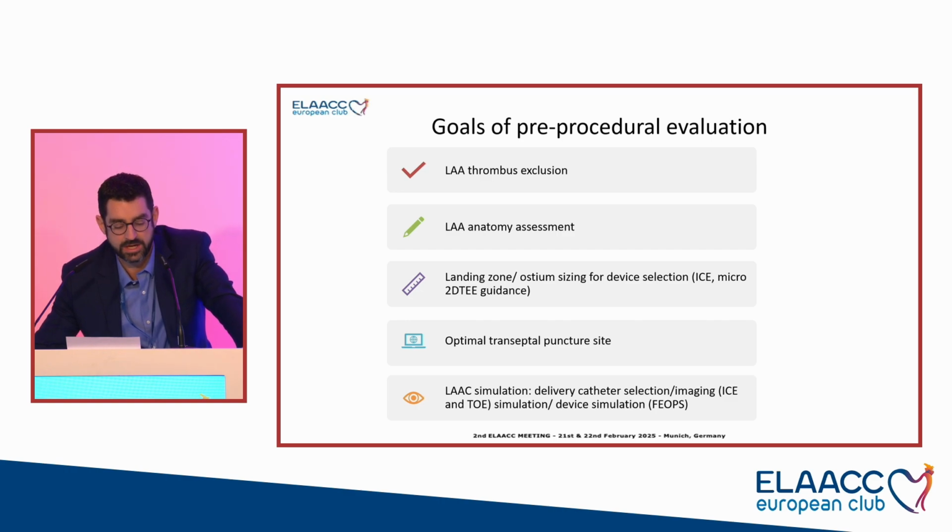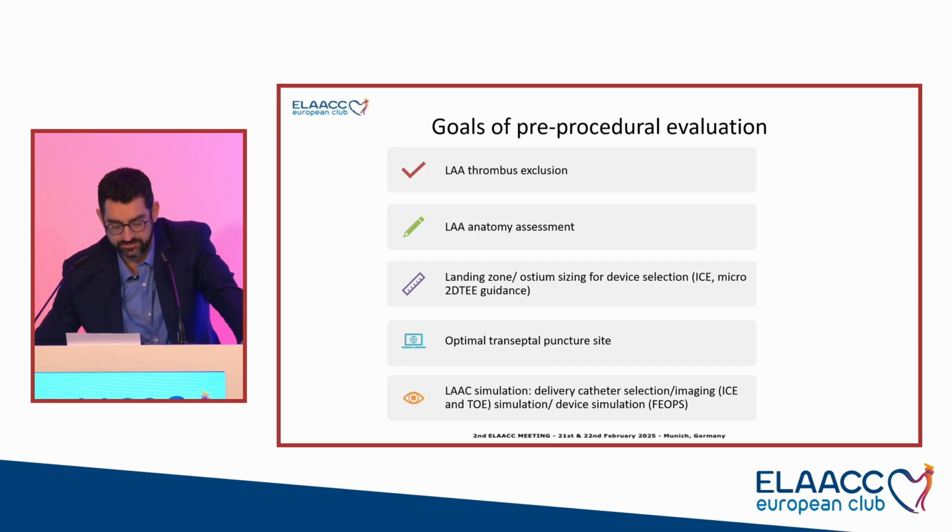And if we come back to the basics of the pre-procedural evaluation, you all know that we need to first exclude an LAA thrombus. We must carefully look at the anatomy to identify the complex LAAs, and of course we must look at the landing zone and ostium for an accurate sizing, particularly when we use ICE or micro 2D TEE guidance in the cath lab.